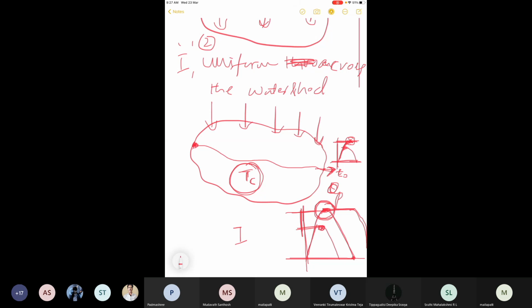We take this as the criterion, considering QP as the design flow rate for the hydraulic design. This is the hydrologic design, and hydraulic design will mostly involve finding out the dimensions. All right, let's do an example. Here is a simple example.